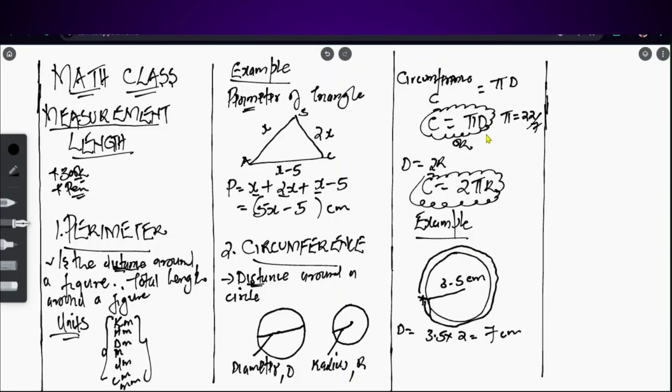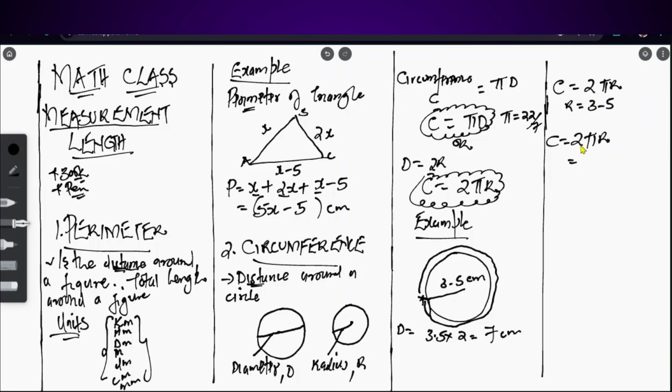So I can use whichever formula to get my answer. Therefore, if I'm given radius, I can say circumference is 2 pi r. And what is my r? My r is 3.5. So I follow the formula, which was 2 pi r.